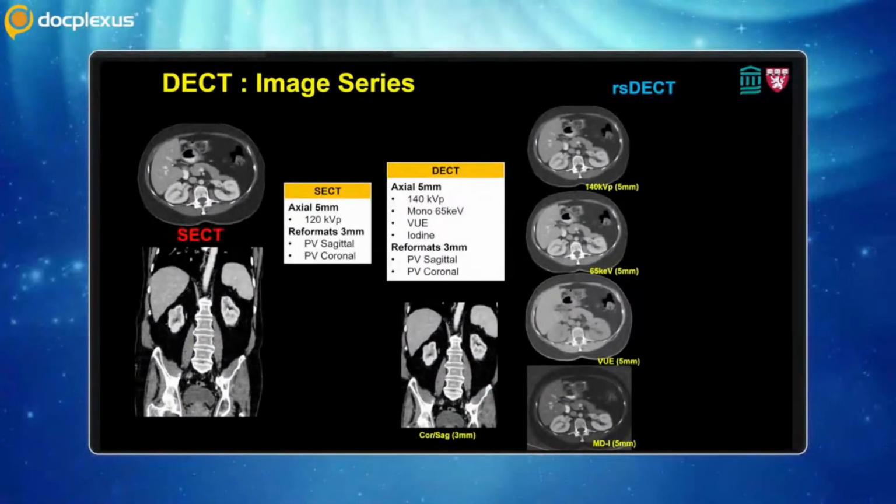You get monoenergetic images, which allow better visualization of hyper and hypovascular lesions, and a set of virtual non-contrast and iodine images, which allow better tissue characterization. These virtual non-contrast images are a surrogate for the true non-contrast CT images, which would typically require a separate acquisition with single energy CT.